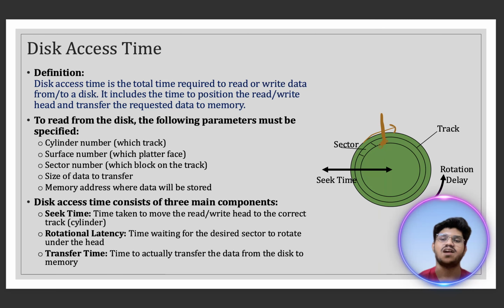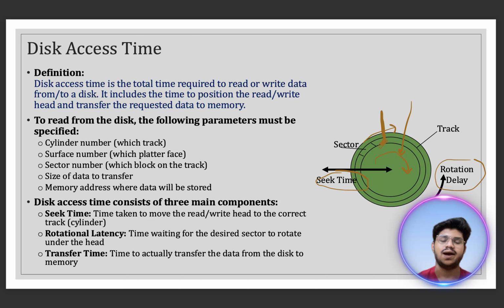So in order to access a particular sector, we need to do two things. The first is to reach the track, and that is known as the seek time. The seek time is the time taken by the read and write head to reach the particular track. And the rotational delay is the time it takes the disk to rotate so that the particular sector comes under the read and write head.